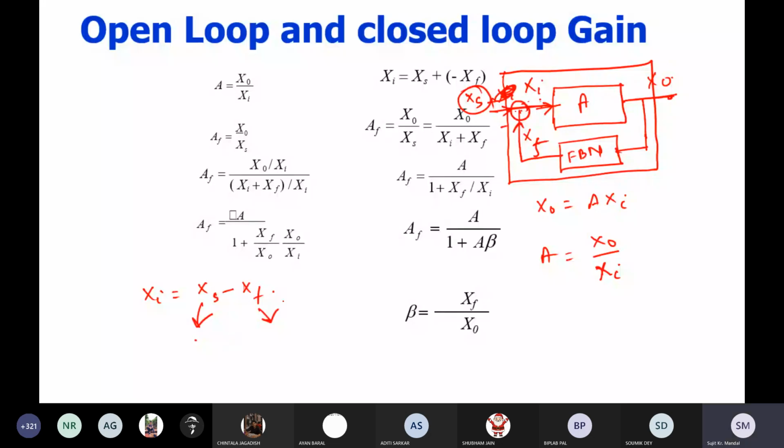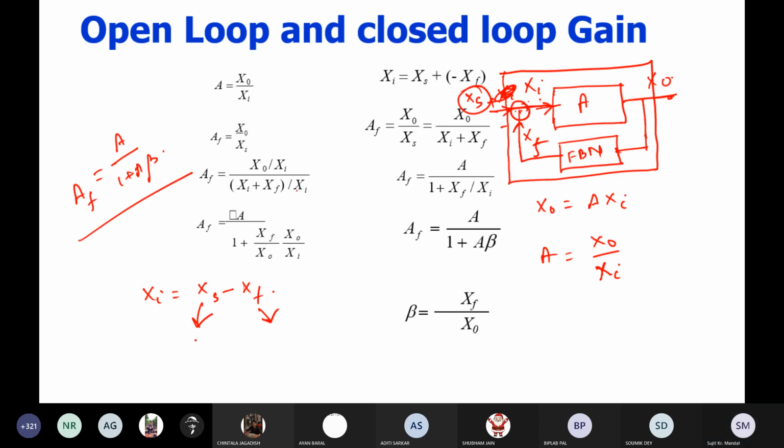Under this configuration, what would be the overall gain? That is AF. AF is the gain with feedback, and A is the basic amplifier gain under open loop condition, that is without feedback network. And we derived AF is equal to A divided by 1 plus A beta.